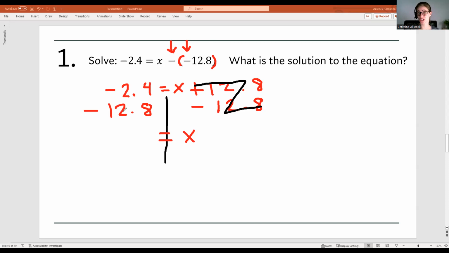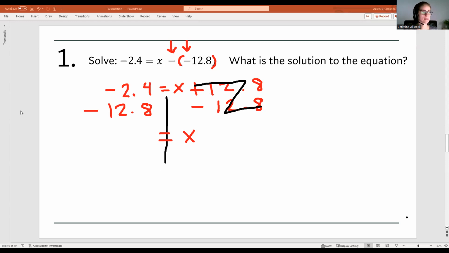This is where your negatives could trip you up. So please continue to work with them, practice, and try it on your own first. But if you do make a mistake or you're not confident in your answer, put it in your calculator and double check, because that's basically like grading yourself. You're seeing if you did it right or if you made a mistake.